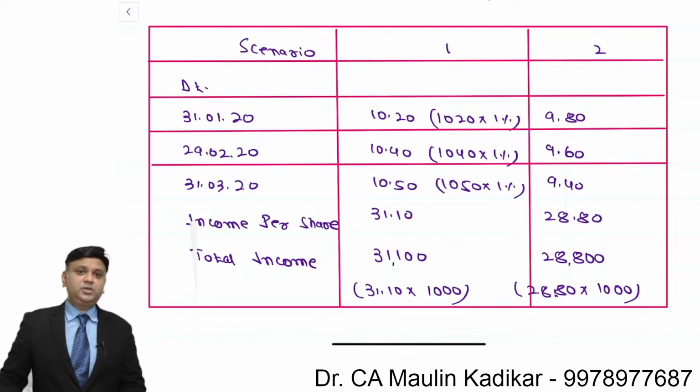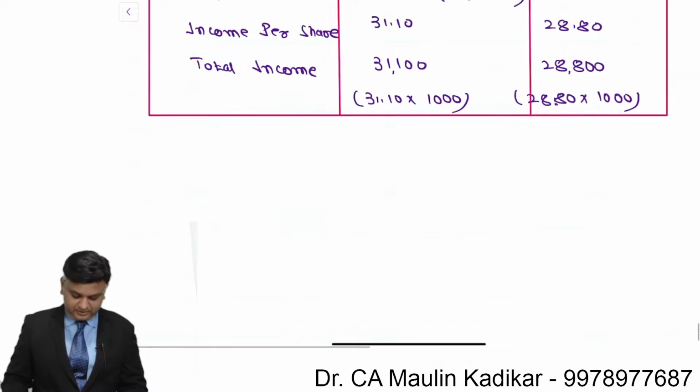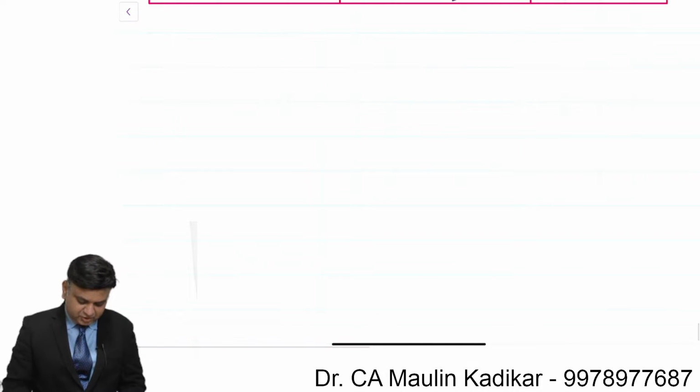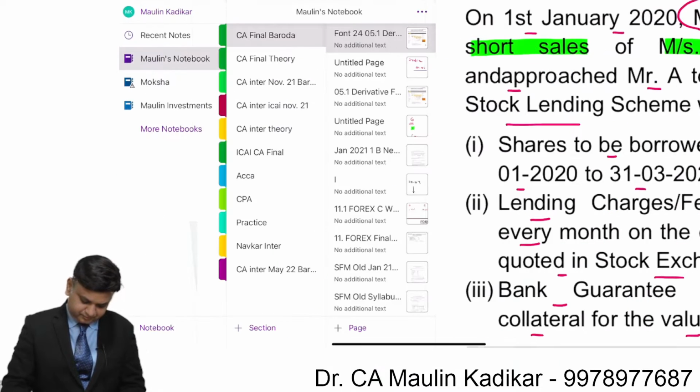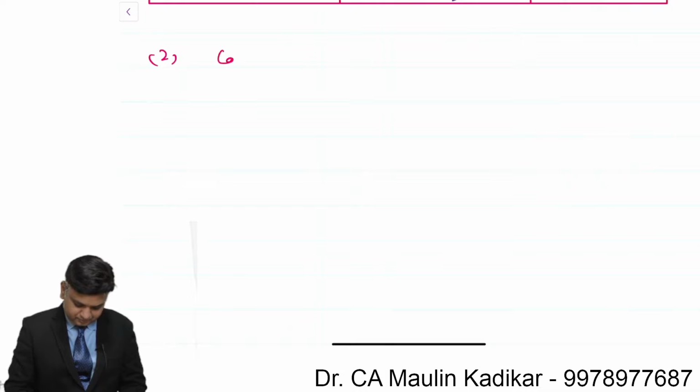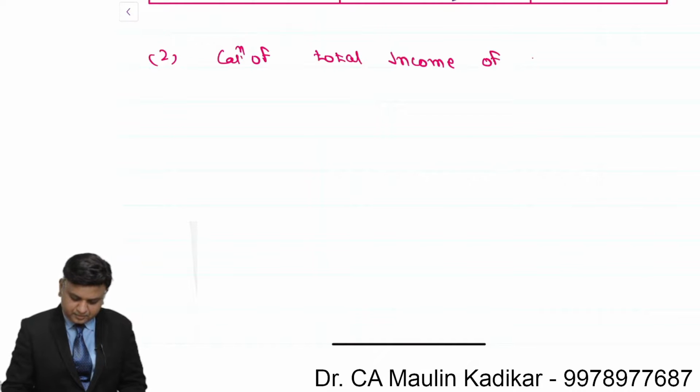That is the way the total income will be calculated. Right, answer: calculation of total income of Mr. A.